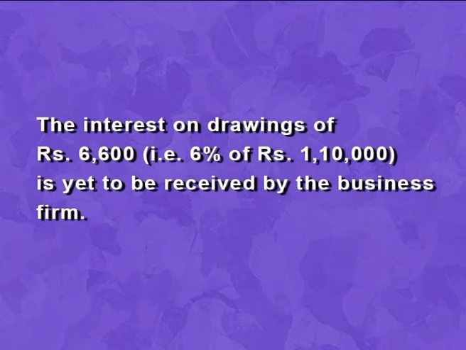If you logically relate this information, you will understand that interest on drawings of rupees 6,600, that is 6% of the drawings of 1,10,000, is yet to be received by the business firm. So, as you go with this adjustment, the credit effect is that the amount of interest on drawings is to be shown as an income in the profit or loss account.